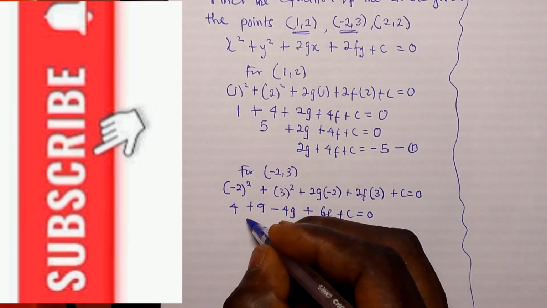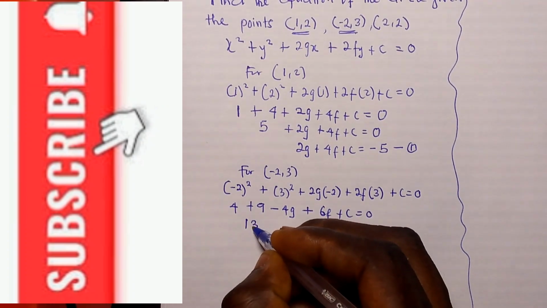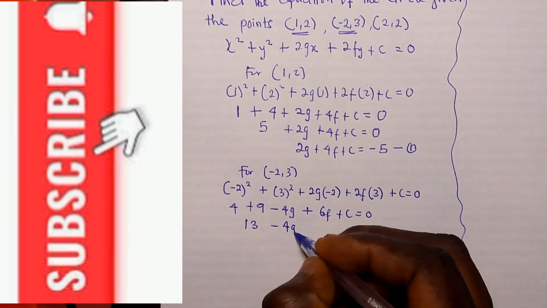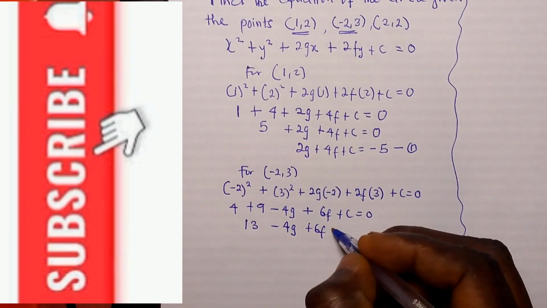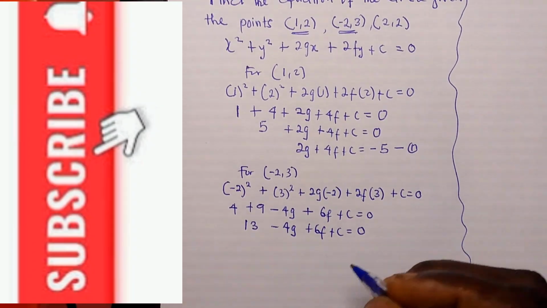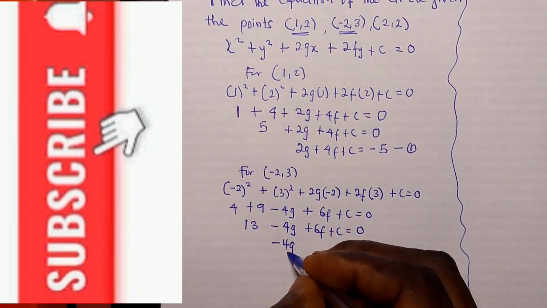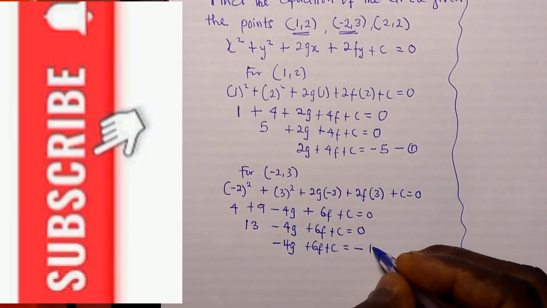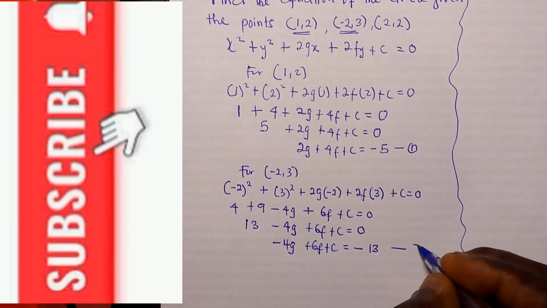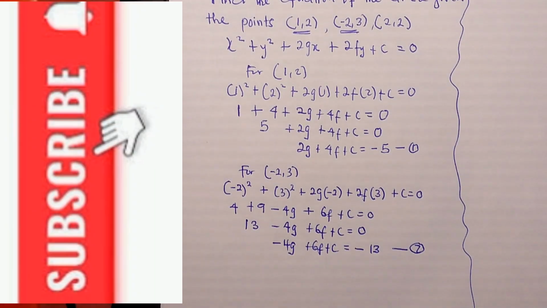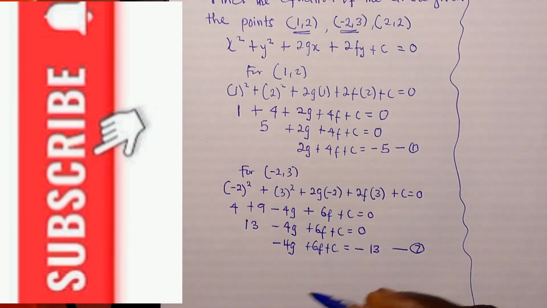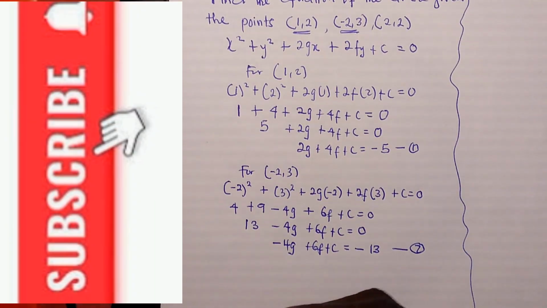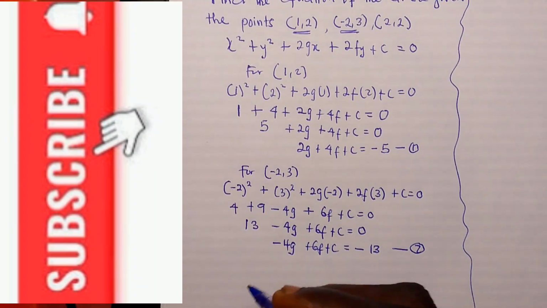So when you add this value, you're going to have 13 minus 4g plus 6f plus c is equal to 0. So -4g plus 6f plus c is equal to -13, and that will give you the second equation. Please mind you, make sure you do appropriate substitution in order to help you simplify the question easily.